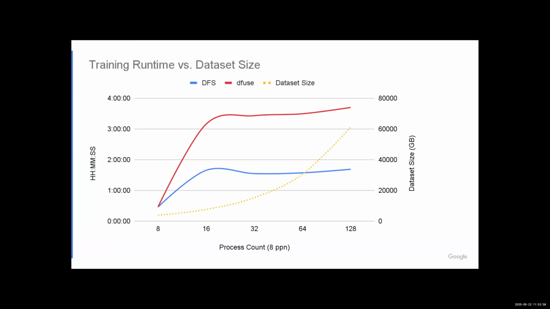With the left axis, we're comparing the overall runtime for each process count, and we can compare that to the data set size, which also scales up at each basically node count step.